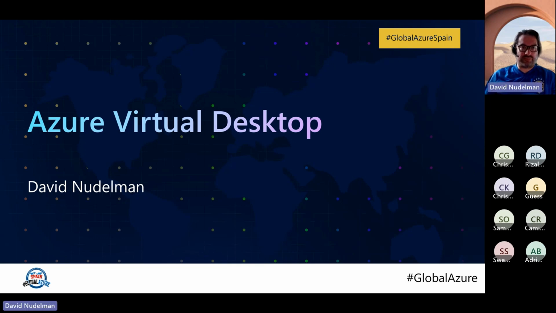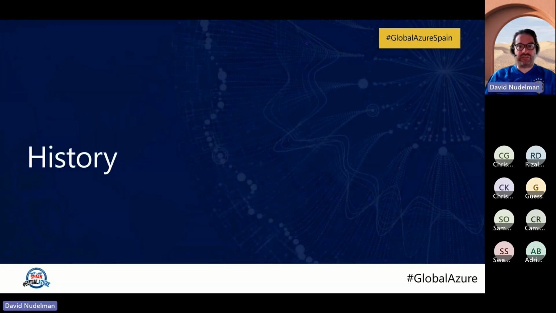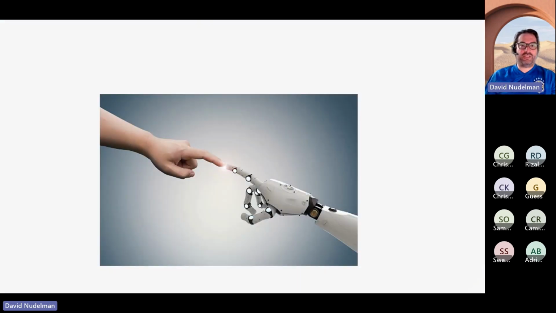I like to start talking about Azure Virtual Desktop with a little bit of history, right? That's how I usually start conversations. There's always a need to connect people with resources so they can be productive.